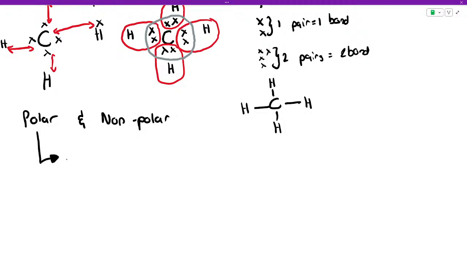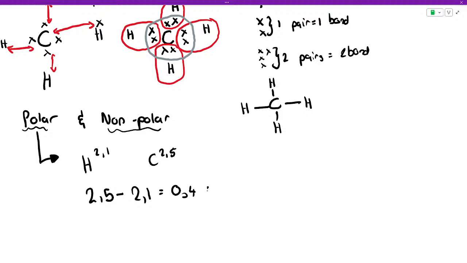One element will pull harder than the other one. For example, hydrogen, if you look, has 2.1, while carbon has 2.5, meaning carbon pulls slightly stronger. Now, how do we determine whether it's polar or non-polar? It's polar if you take the two and subtract them like this, and you get a difference, this means it's polar. But if it was 0, that means it's non-polar.